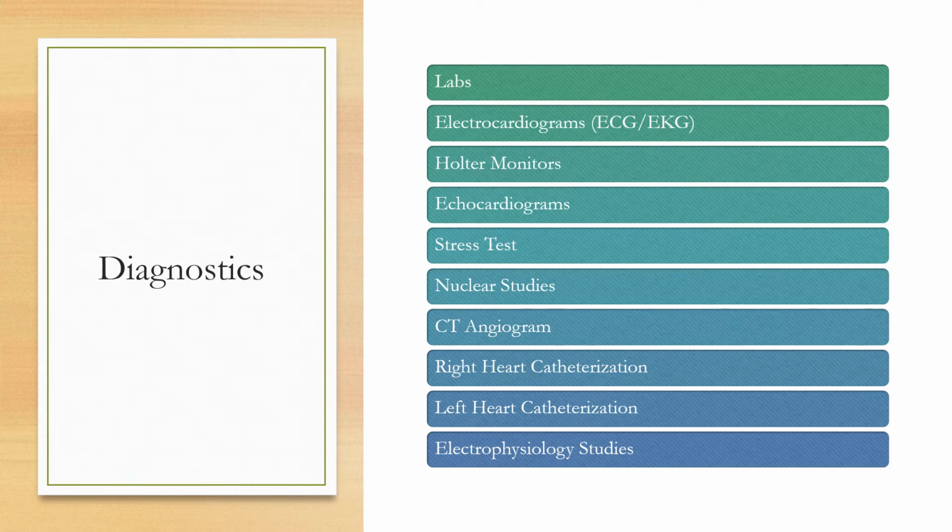We might call it a dobutamine stress test, where we inject them with dobutamine, get their heart rate really fast, and now we're looking at the monitor to see if there's any changes on their electrocardiogram, their ECG. We'll spend some time talking about nuclear studies and what a CT angiogram is. And then we'll talk about heart catheterization. So getting a catheter to the right side of the heart, getting a catheter to the left side of the heart, and why. And lastly, electrophysiological studies. We'll discuss what those are as well.